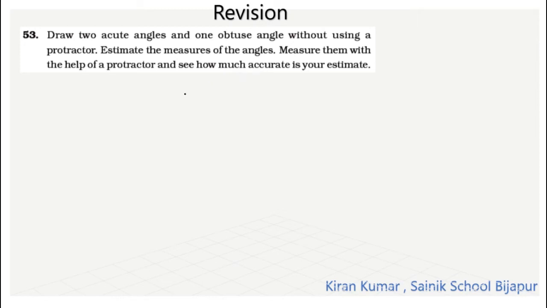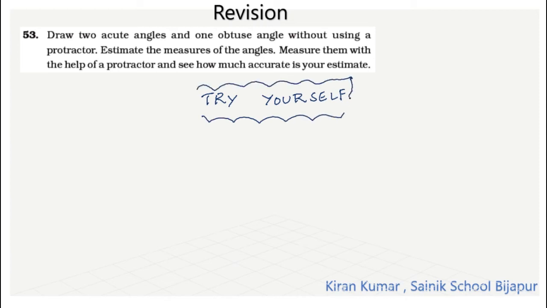This I'll leave it to you. This you can try. So I'll write here, try yourself. Roughly draw the figure of your wish and you can measure using a protractor.